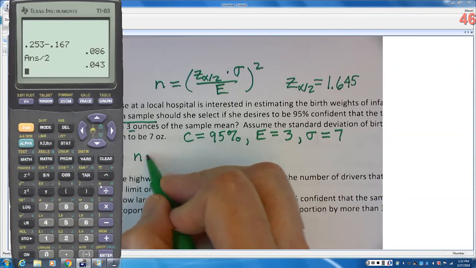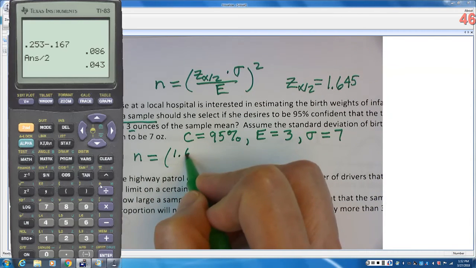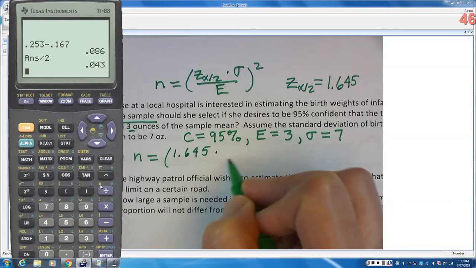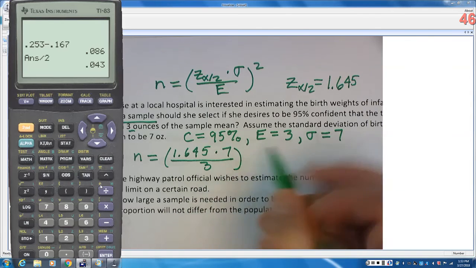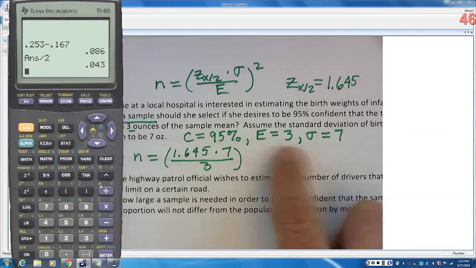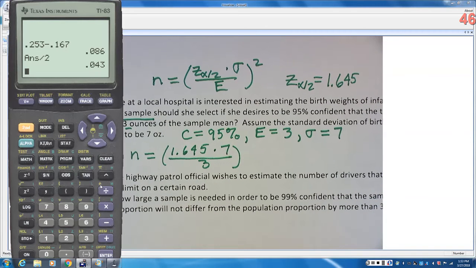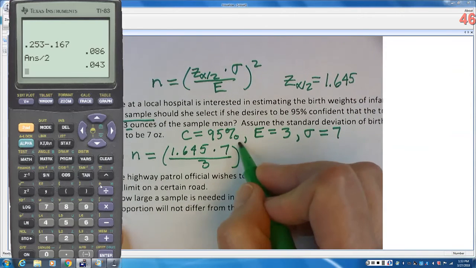So n is 1.645 times 7 divided by 3. It didn't say 3%, so it's just 3. And we're going to square that. Don't forget to square it.